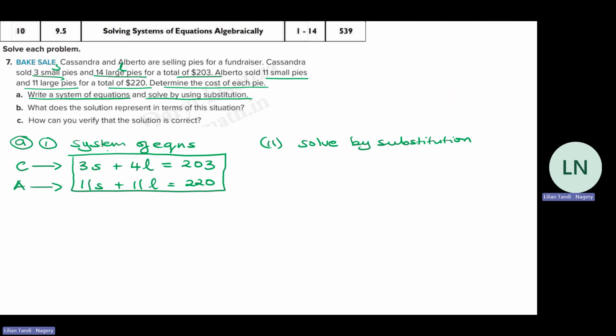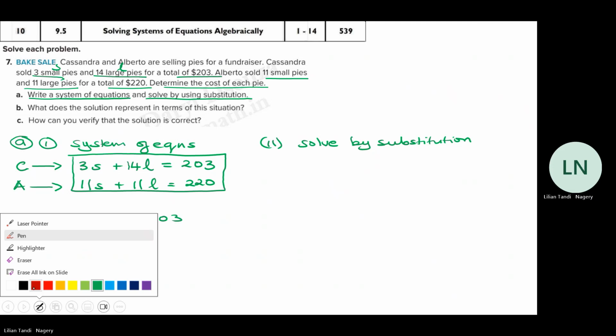Now you need to solve. So you're going to take the first equation. So we'll write 3S plus 14L equals 203. Always reread and check your work. If you don't do that, you're bound to make mistakes.